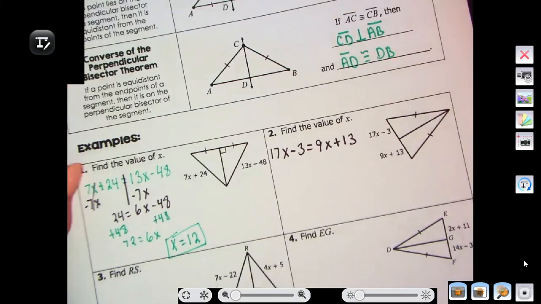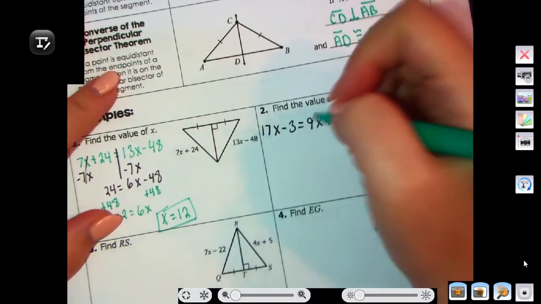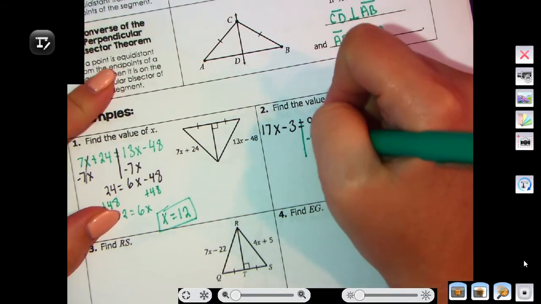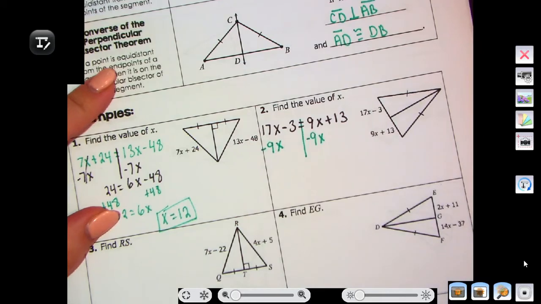And I would encourage you to try this problem out yourself. Just get some practice solving equations. If you haven't done it in a little while, just to refresh your memory a little bit and make sure you still know all of those steps right there.